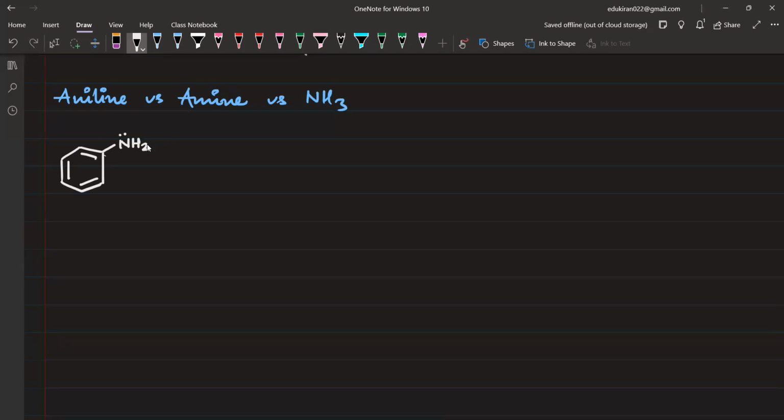And this has a lone pair of electrons here. Because of this lone pair, it should be basic. But this lone pair is actually involved in resonance like this. If it is involved in resonance, it is not available to act as a Lewis base. That is why anilines are less basic than amines.